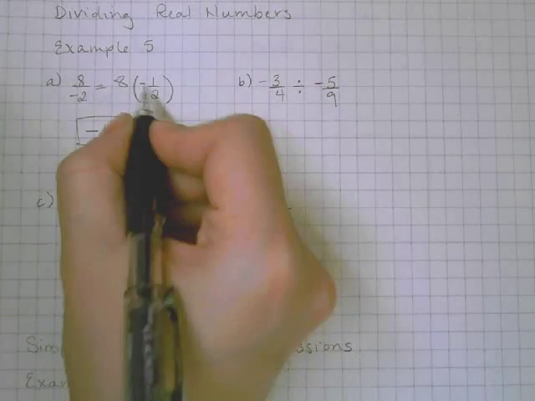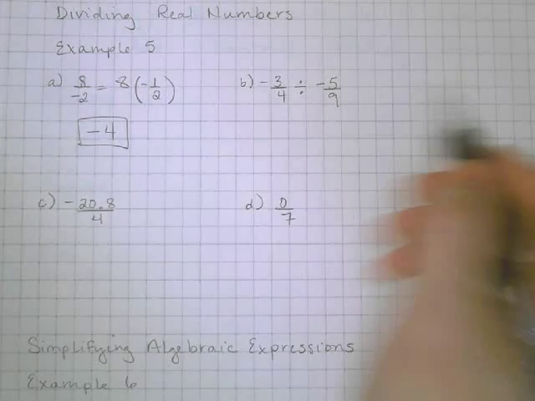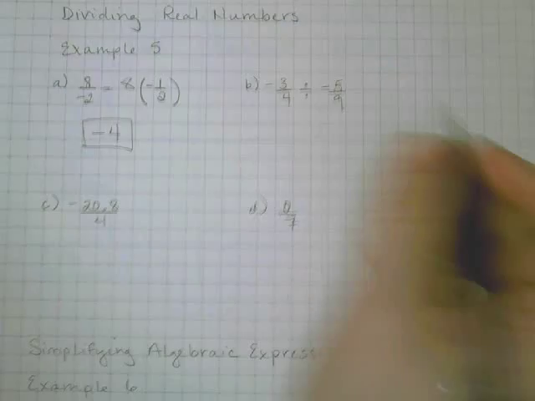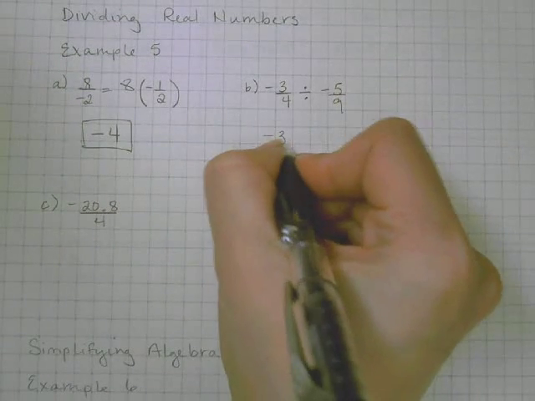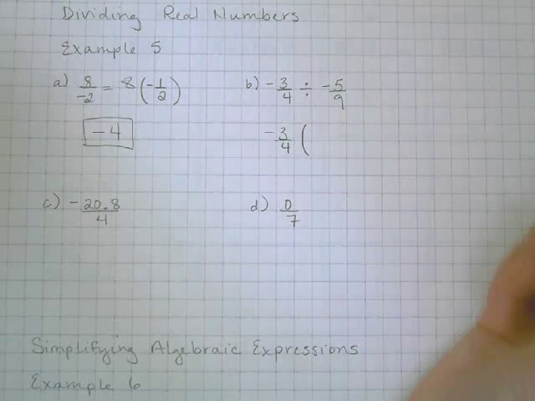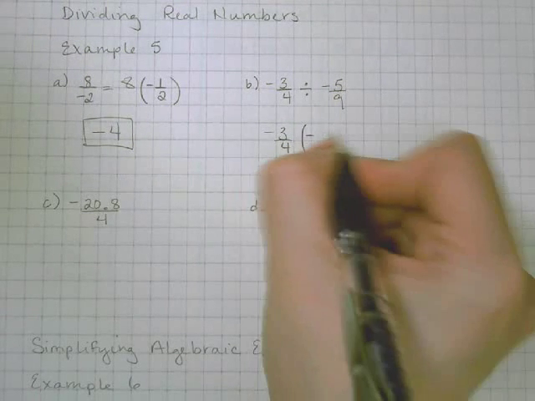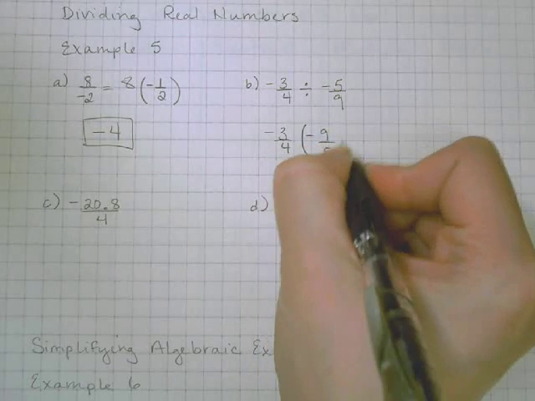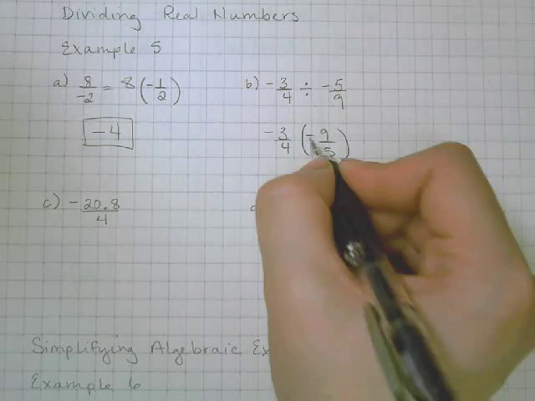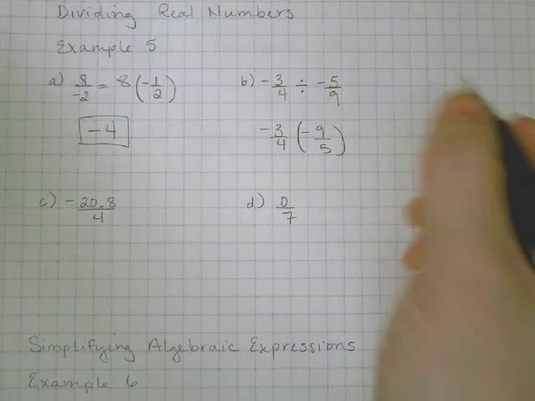So the reason I'm showing you this method is because when it comes to fractions, people tend to get really confused. So I need to rewrite this as a multiplication problem. So negative 3/4, first one always stays the same. And then I'm multiplying by the reciprocal of negative 5/9, which is negative 9 over 5. So I know negative times negative, my answer is going to be positive.